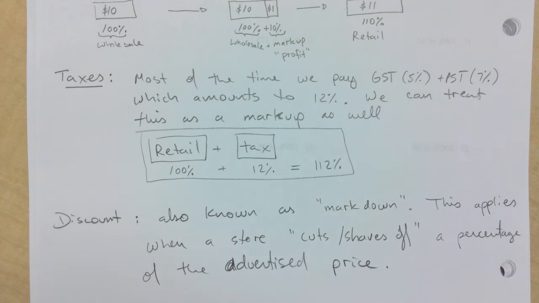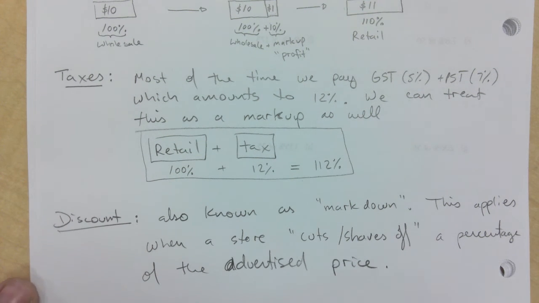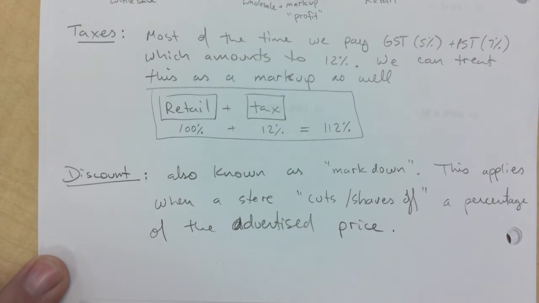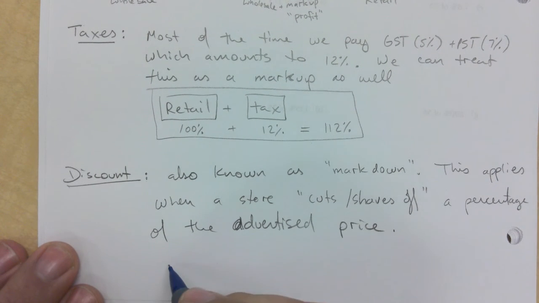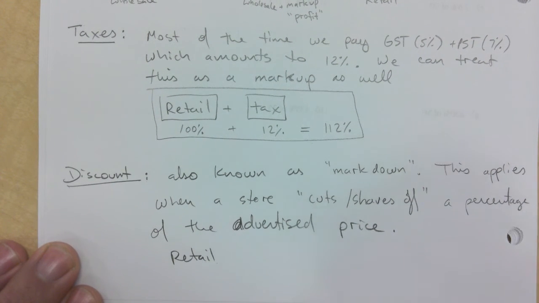There are stores, like I like the outdoors, I go to Cabela's. A lot of times Cabela's has a certain dollar amount off, like if you want to buy this item, you get a $50 discount. So sometimes it's a dollar amount, sometimes it's a percentage. If it's a percentage, you need to calculate that. It's not just going to be as easy as subtracting retail minus discount.